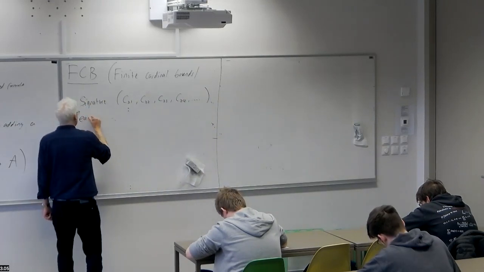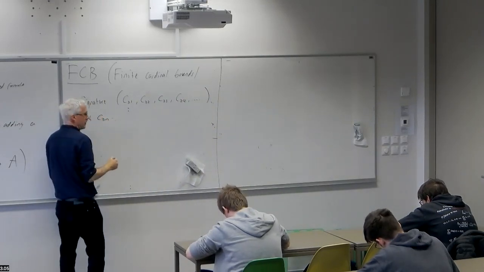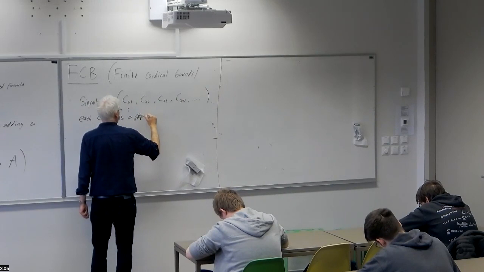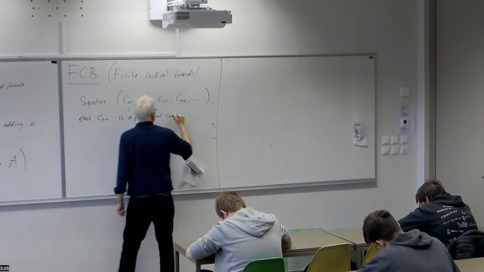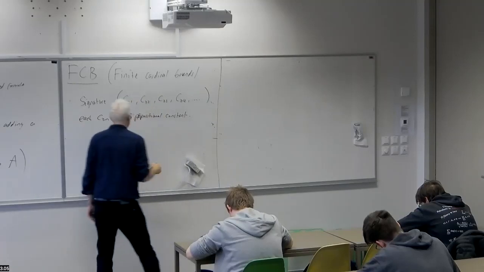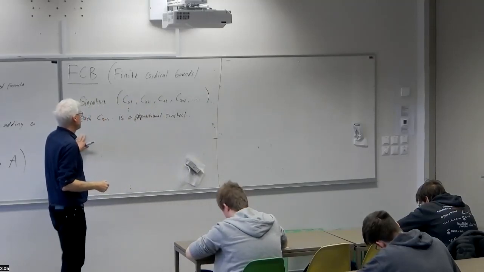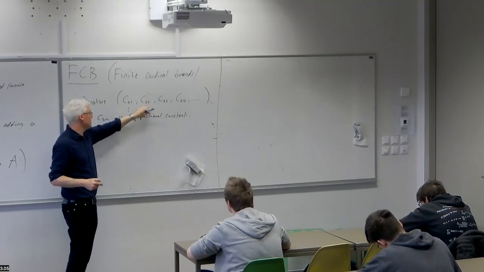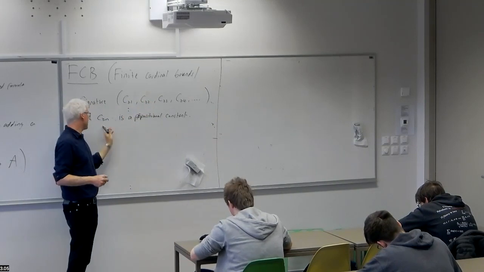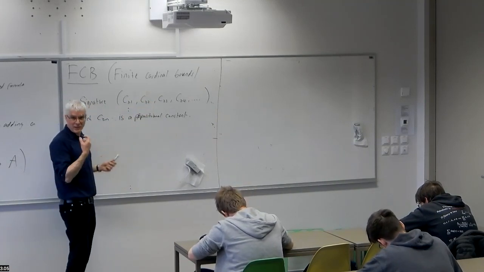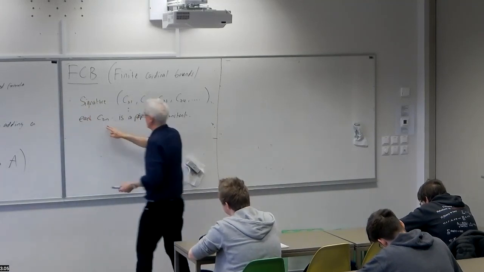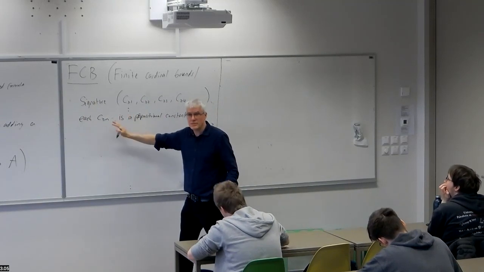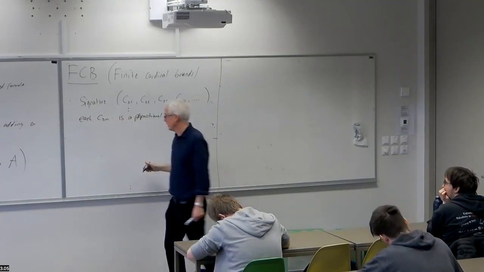So each c≥n is a propositional constant. That's a zero-arity predicate symbol. Together with the axioms stating that each of these, c≥n, that atomic propositional constant, says the same thing as the sentence card≥n.